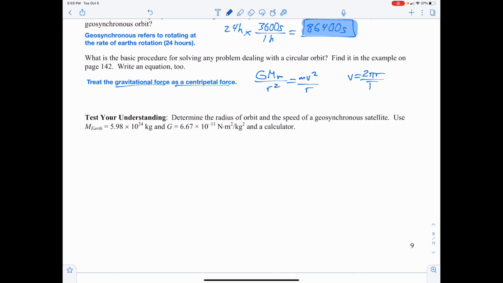Okay, test your understanding. Determine the radius of orbit and the speed of a geosynchronous satellite. Use the mass of Earth as 5.98 times 10 to the 24 kilograms, and big G is 6.67 times 10 to the negative 11, and a calculator.